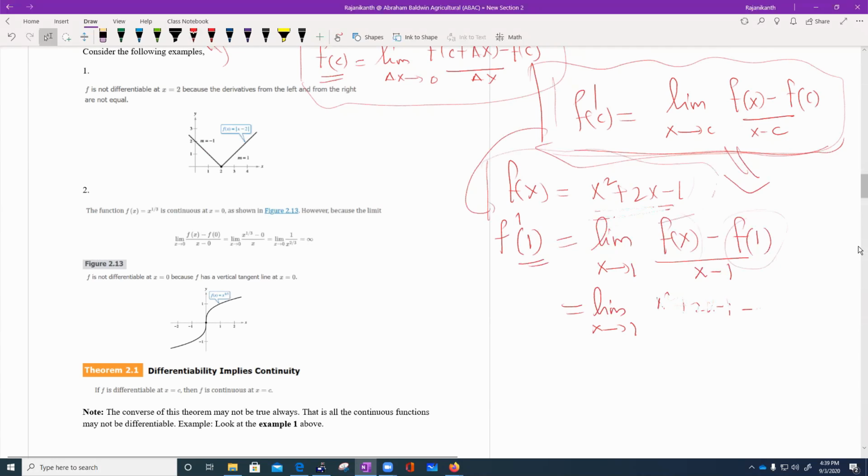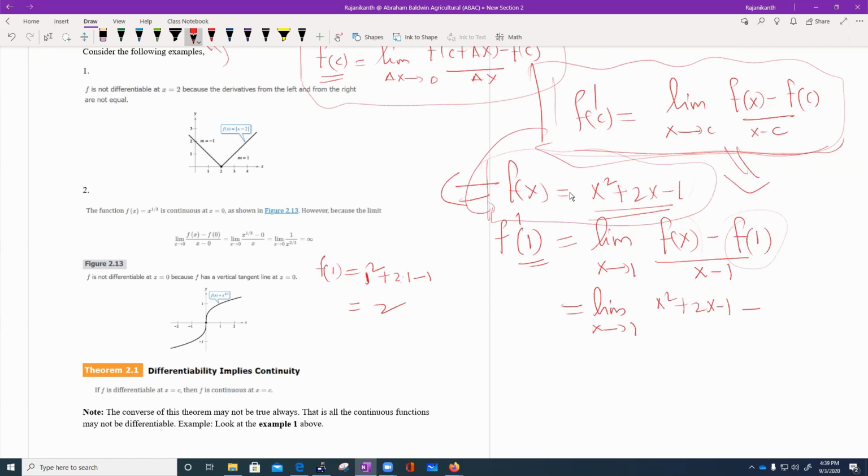This is f of x, right? So if you want to find f of 1, simply plug 1 into this function. Therefore, f of 1 is 1 squared plus 2 times 1 minus 1. So 1 squared is 1, 1 plus 2 is 3, 3 minus 1 is 2.